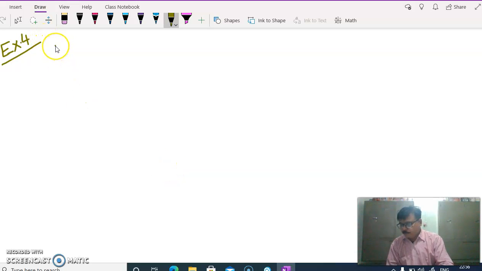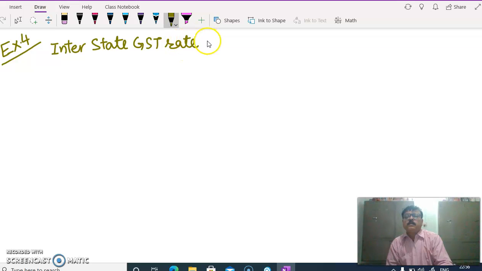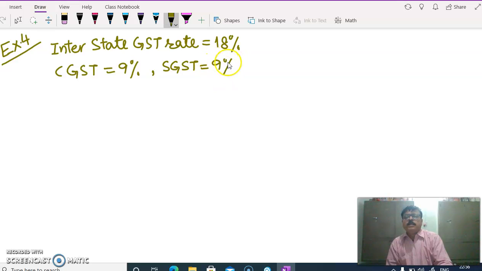So the GST rate is 18%, and as we all know, CGST will be 9% and SGST will also be 9%. It is divided equally, correct?